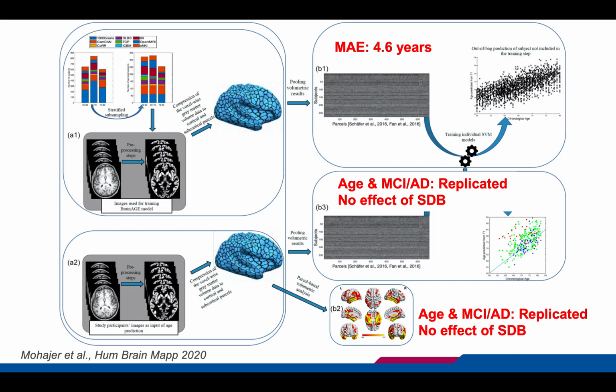Most importantly, however, this study combined a replication of previous effects, both uni and multivariately, which is the effects of age and MCI Alzheimer's disease, with an investigation of a new effect, here sleep disordered breathing.